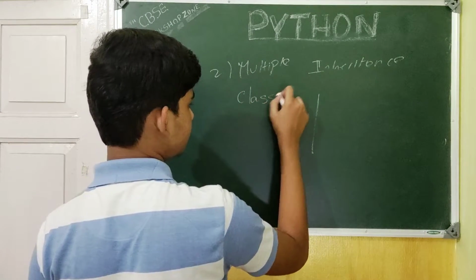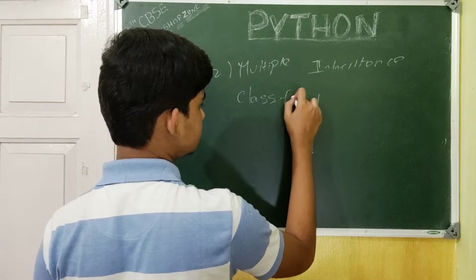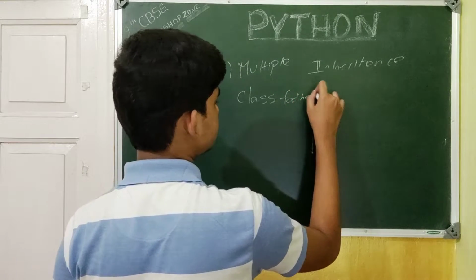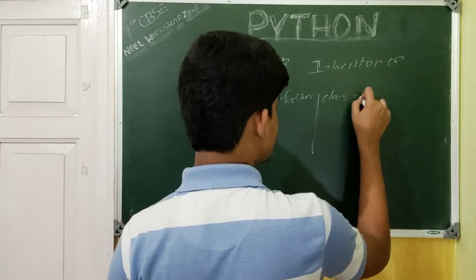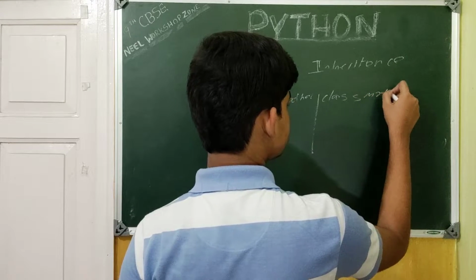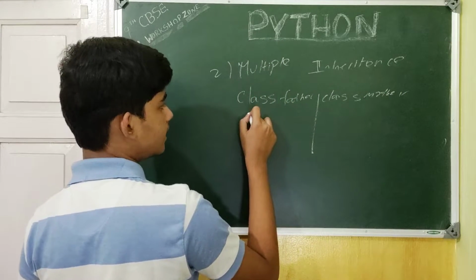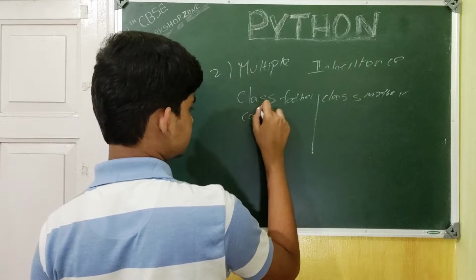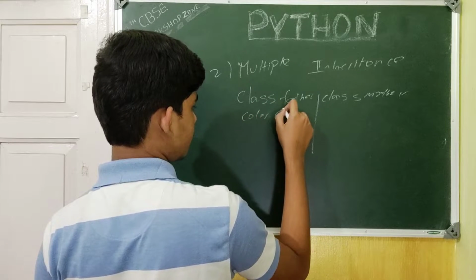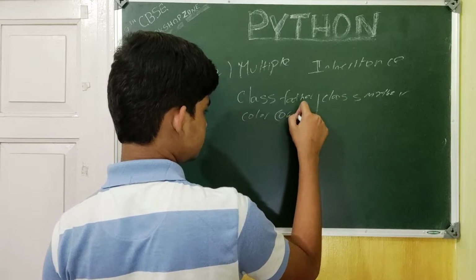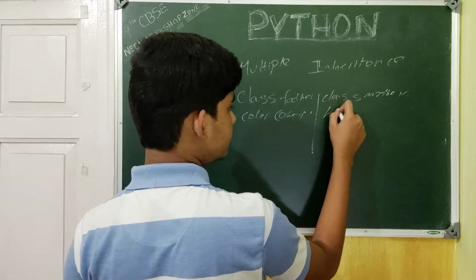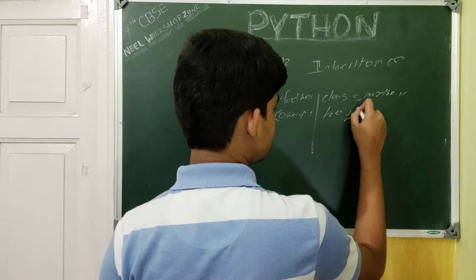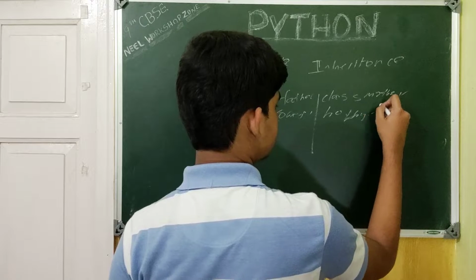Class child, class father and class mother. So imagine the father likes the color orange, and a hobby of the mother is that she likes cooking.